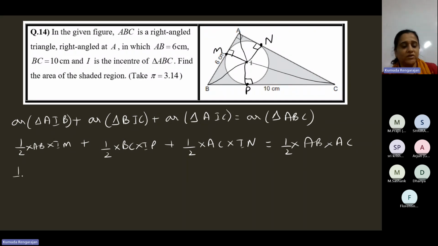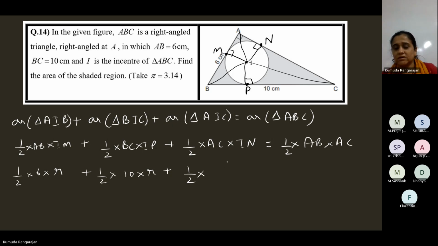So now substitute: half into AB is 6 into IM, the radius, plus half into BC is 10 into IP, the radius, plus half into AC, which we can find using Pythagoras theorem, 8, into IN, the radius, is equal to half into base into height, base AB is 6 into AC.